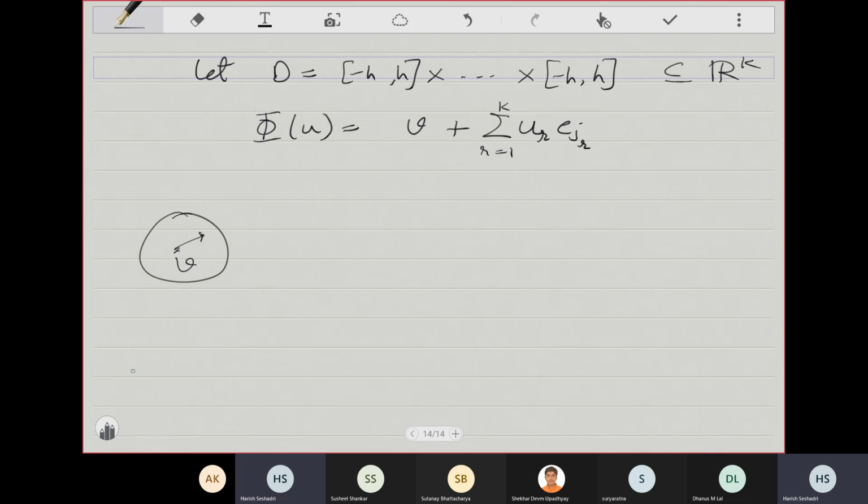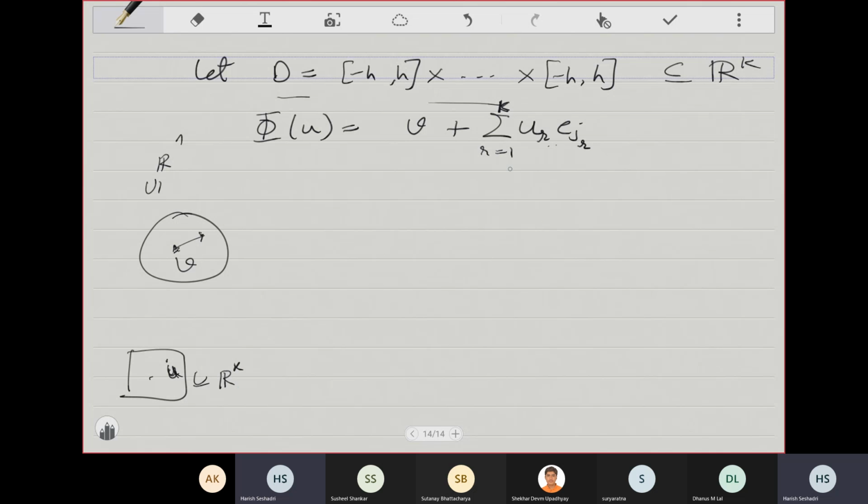So for every U which belongs to this K cell in Rk, I'm adding to V some part of U. Remember, I'm going only up to K, not all. This is in Rn, and this is in Rk.